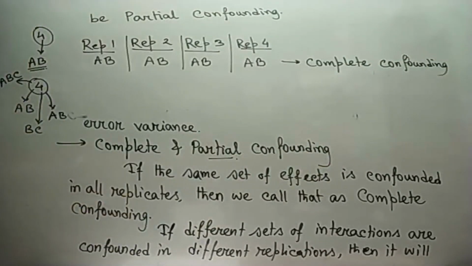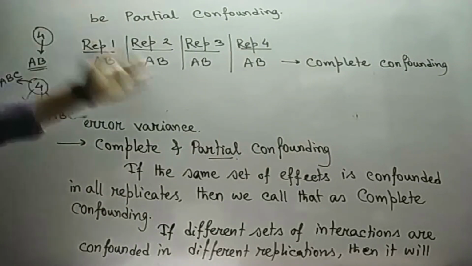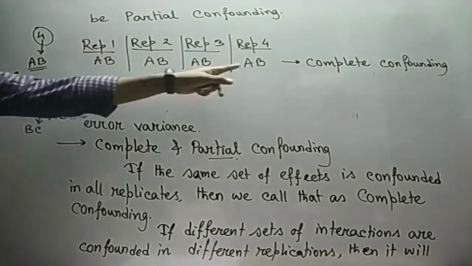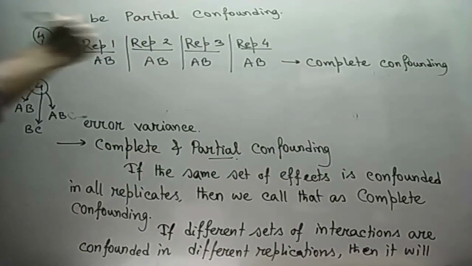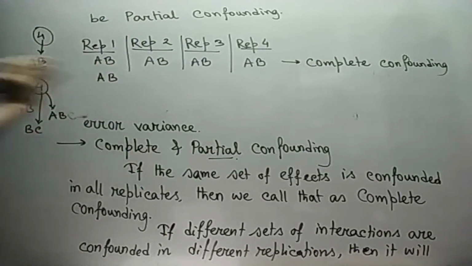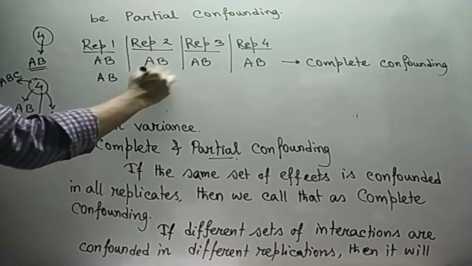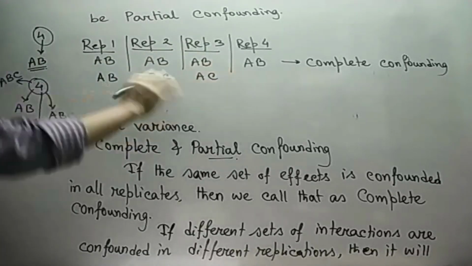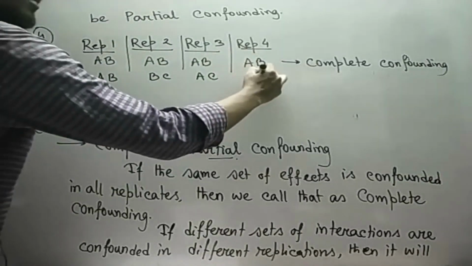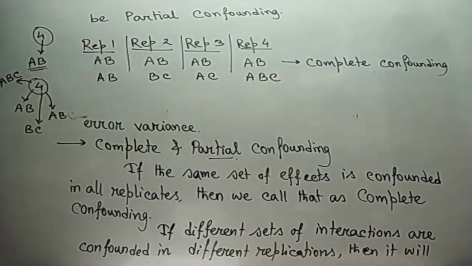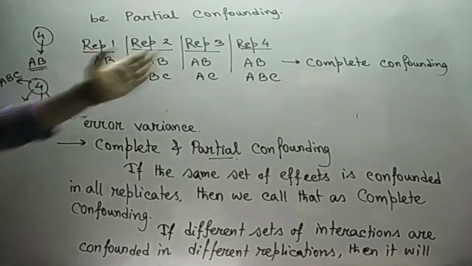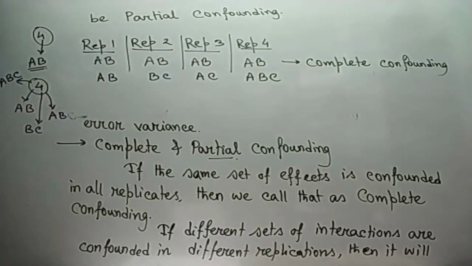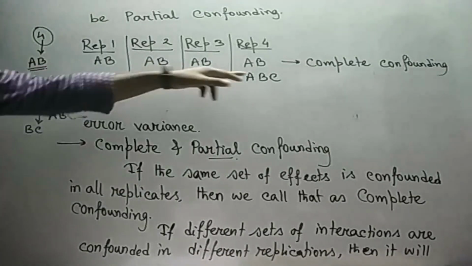Okay, so this is basically a case of complete confounding: in each and every replicate the same effect is being confounded. But let's say in the first replicate AB is confounded, in the second replicate BC is confounded, in the third replicate let's say AC is confounded, and in the fourth replicate ABC is confounded. So this is a case where in different replicates different treatment effects, or different interactions, are being confounded. So that's why this is a case of partial confounding.